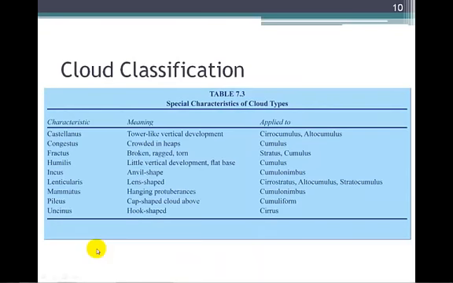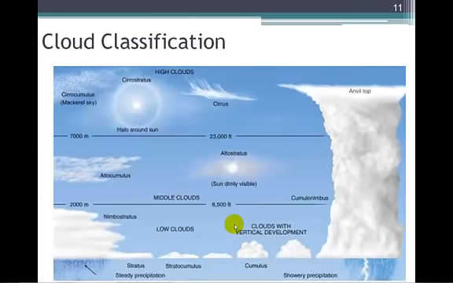So here's another table that breaks down cloud classification, some more unusual cloud names and their meaning and how that's applied. Let's take a look at this graphic, which shows cloud classification as a function of height in the atmosphere.